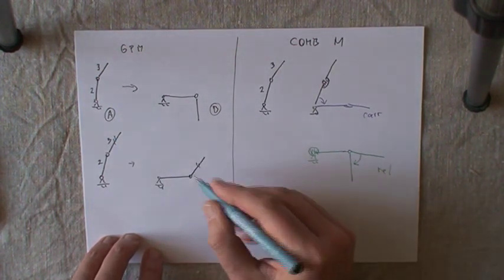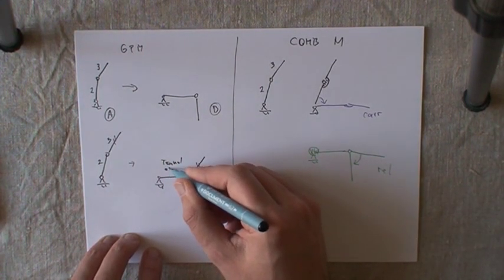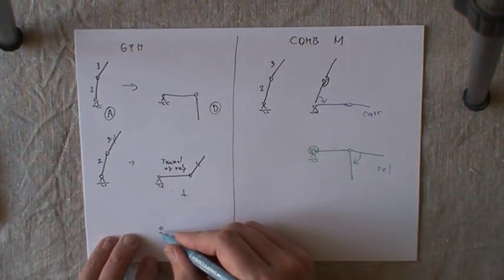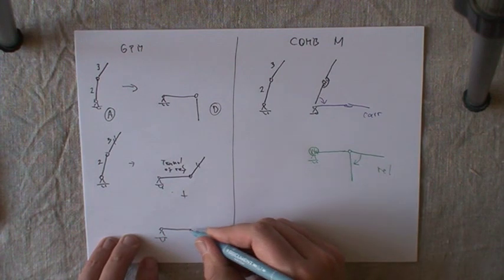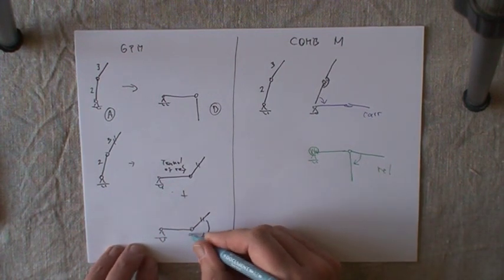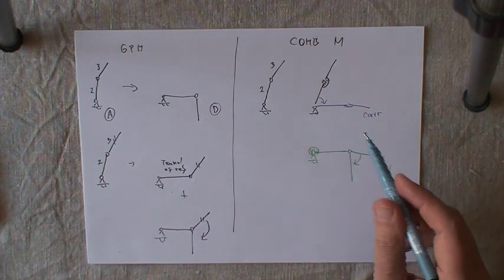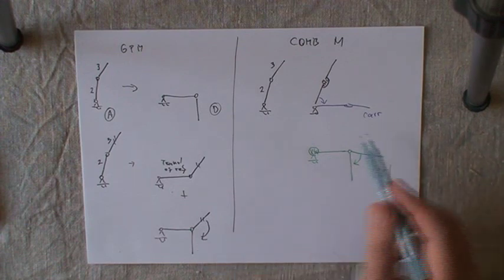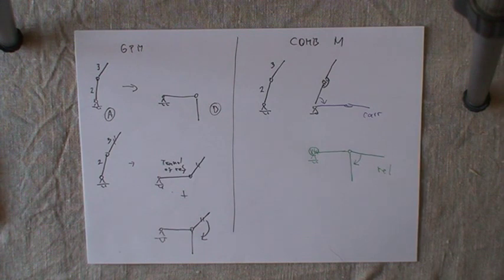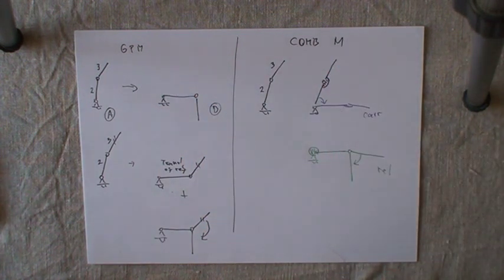Okay? So this is translation of a reference plus rotation around the reference to get to the final point. Okay, so this should clarify the difference in ideas behind the general planar motion and combined motion.